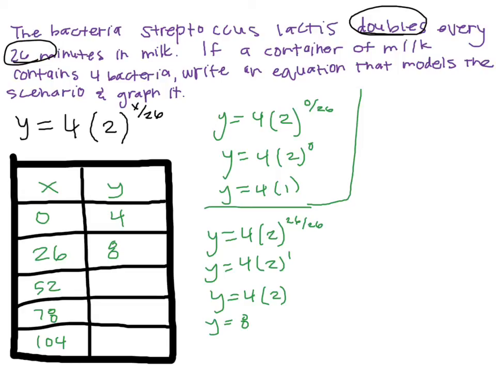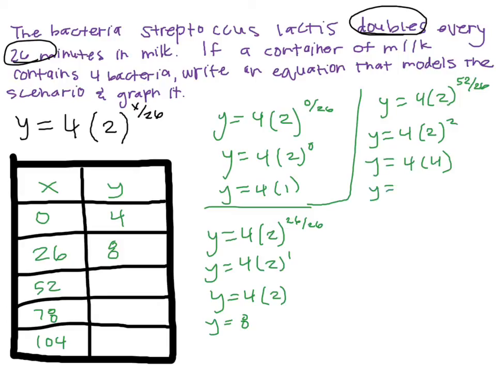Now let's substitute our 52. Well, we need to simplify our fraction. 52 divided by 26 is the same thing as 2. Now it's time for the exponents. 2 times 2 is 4. And 4 times 4 is 16.